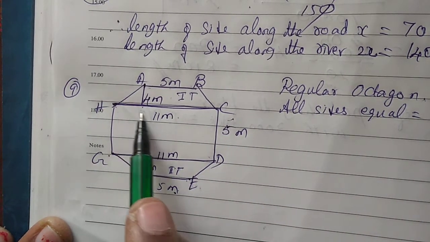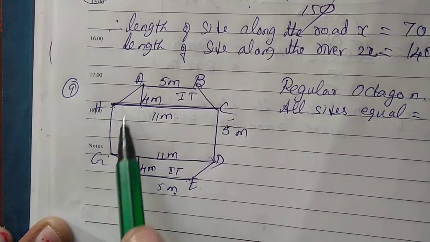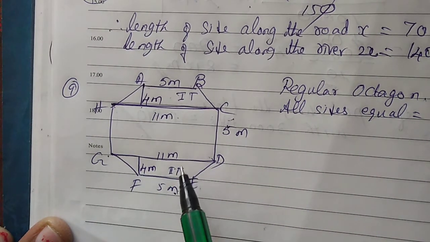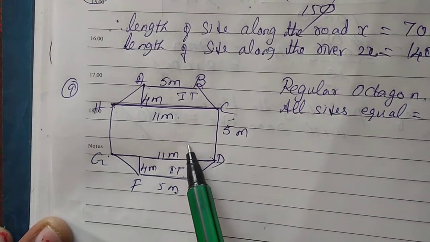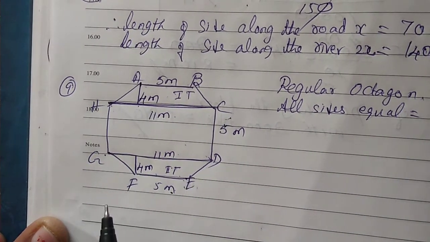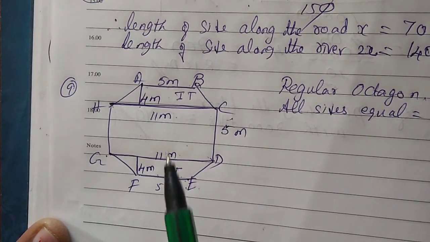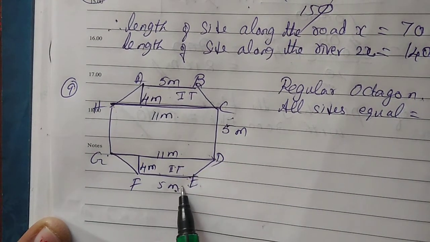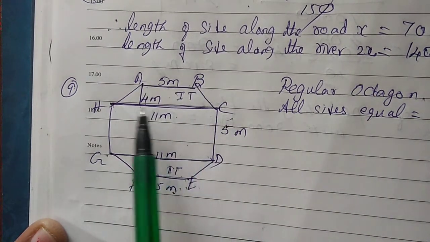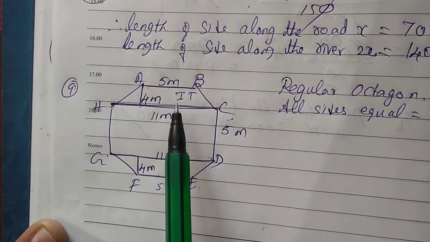So to find the area of the full regular octagon, we can find the area of two trapeziums and the area of the rectangle together, which gives you the area of the octagon. Hope you would have understood the diagram. I will explain once again. The full octagon has been divided into 3 parts. ABCH is a trapezium with the 2 parallel sides 5 meter and 11 meter with the perpendicular distance 4 meter.